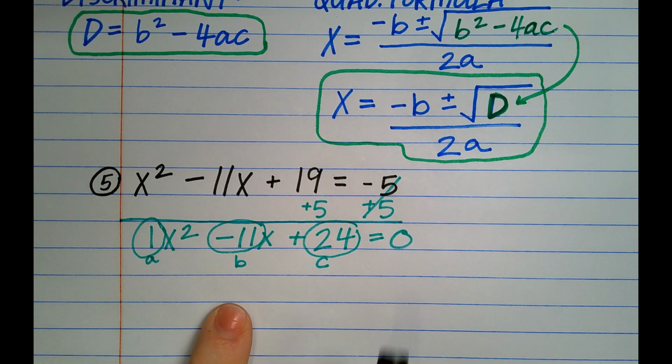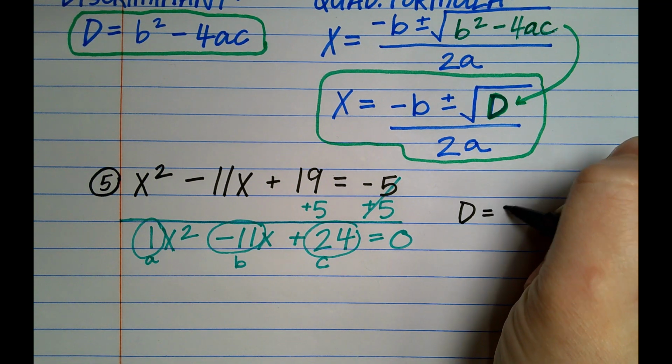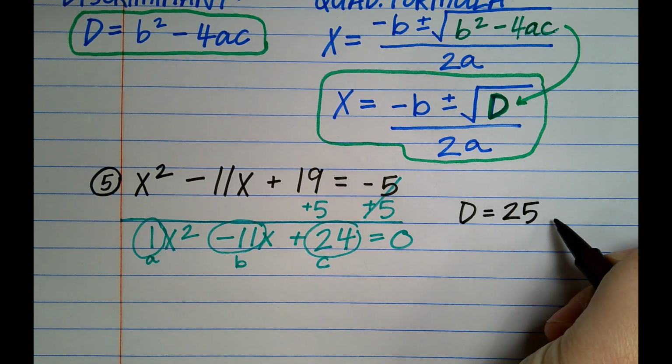And whenever we did this problem, what did we say our discriminant was for number 5? 25. We got a discriminant of 25 when we did this earlier.